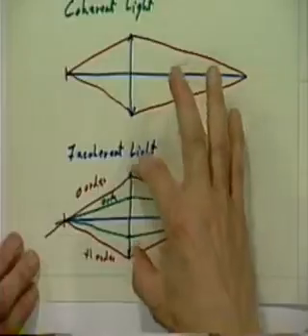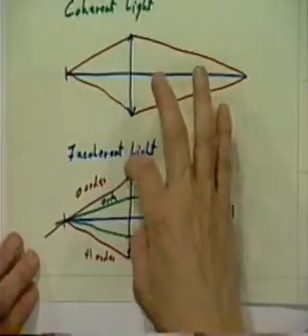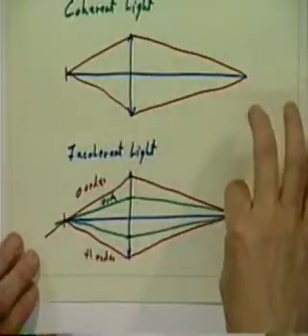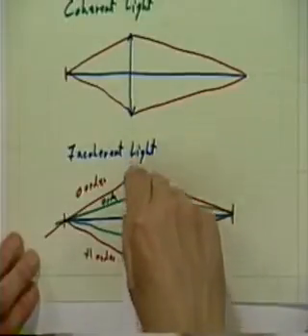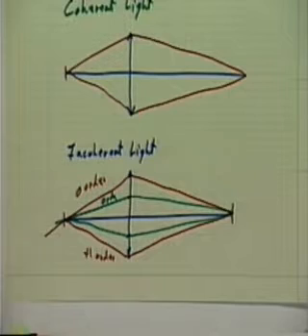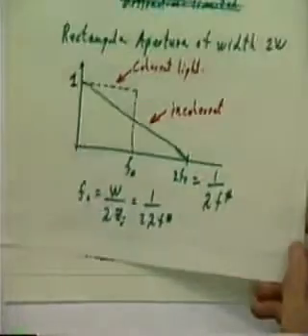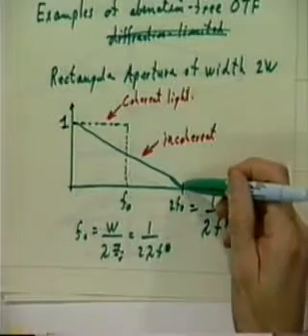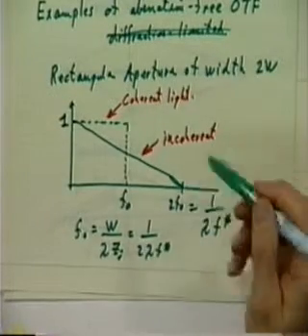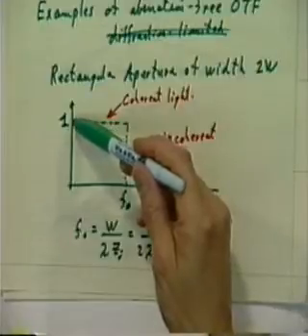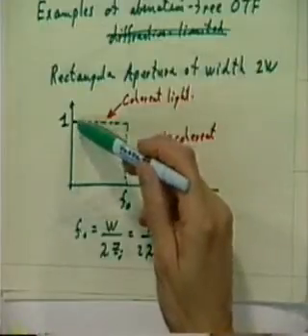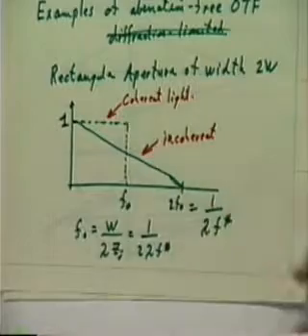And at the cutoff frequency, it's just two beams at the two extremes that combine to produce that frequency. But at lower frequencies, there's lots of pairs of beams that will produce that lower spatial frequency. And so that's a little explanation of why the cutoff frequency is twice as large, why the MTF drops off in a manner like this.